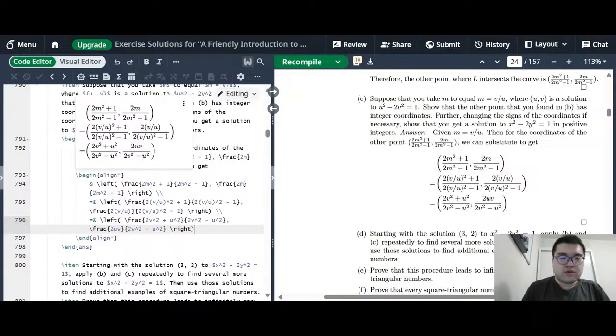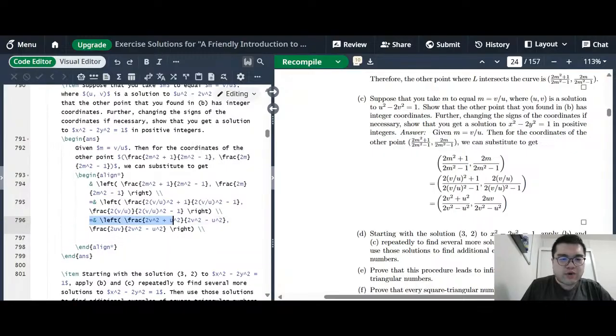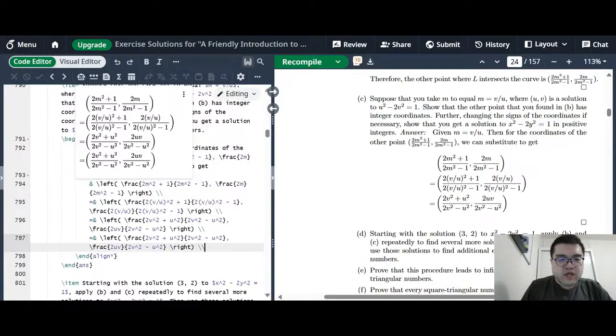What does that do to our expression? Well, if we pay attention to our denominator, we can factor a negative to give us u square minus 2v square. Agree? Which we can replace everything inside the parentheses by positive 1 based on our expression.